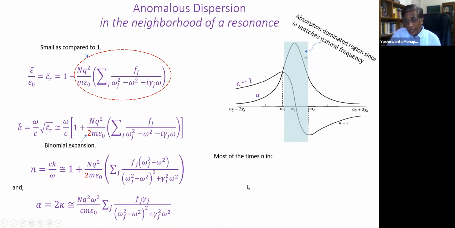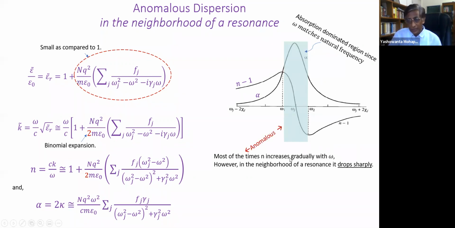Most of the time n normally increases gradually with omega when I'm far away from resonance. However, in the neighborhood of a resonance, it drops drastically, sharply from here to here, and that is why it is called anomalous. Because near the natural frequency for that particular mechanism or those particular electrons, there is a lot of absorption, and in that case n drops.